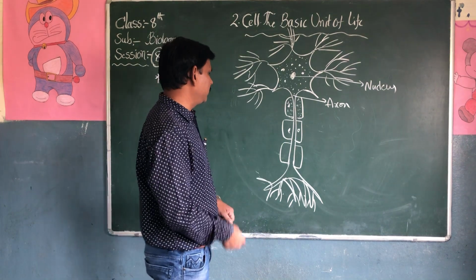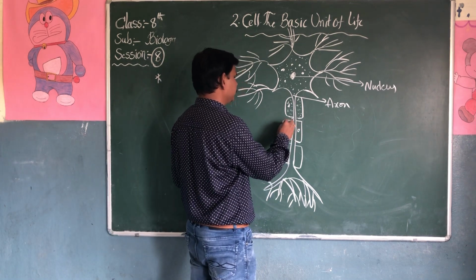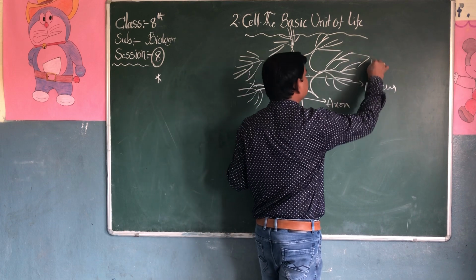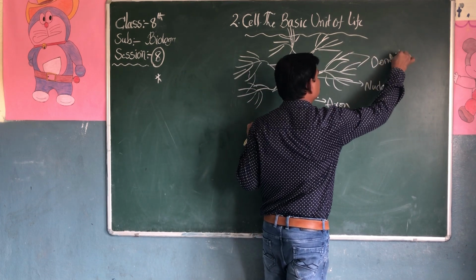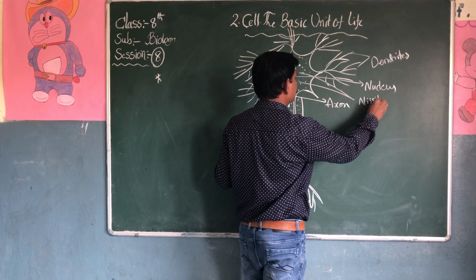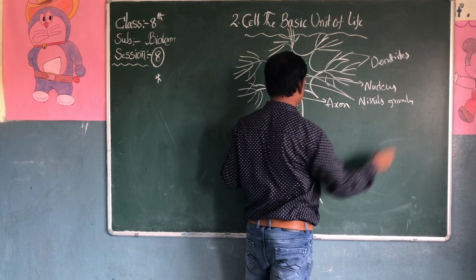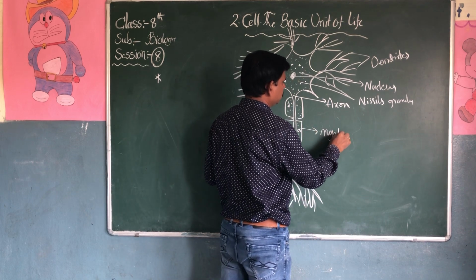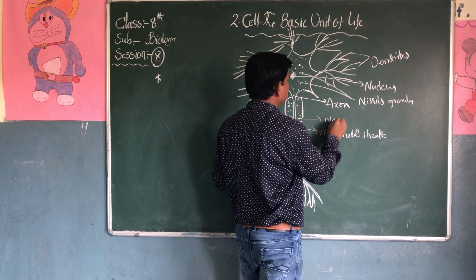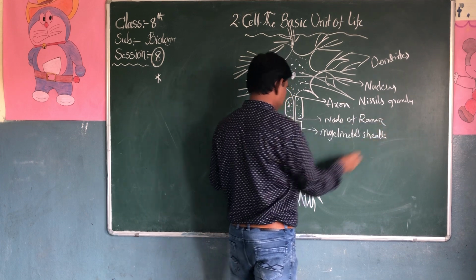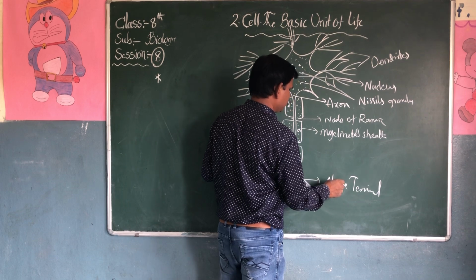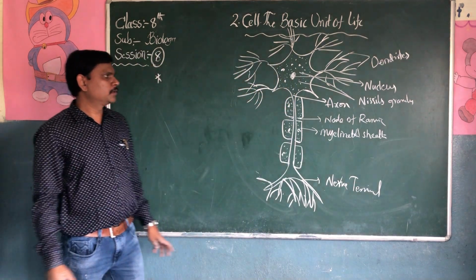Among all these, these are very important diagrams for 2 marks. Nerve cell, so the nerve cell diagram.